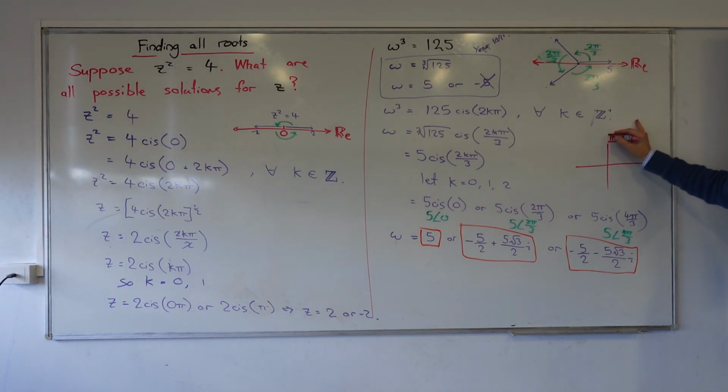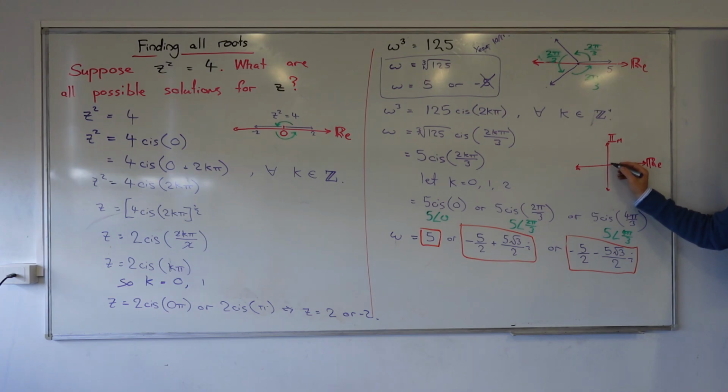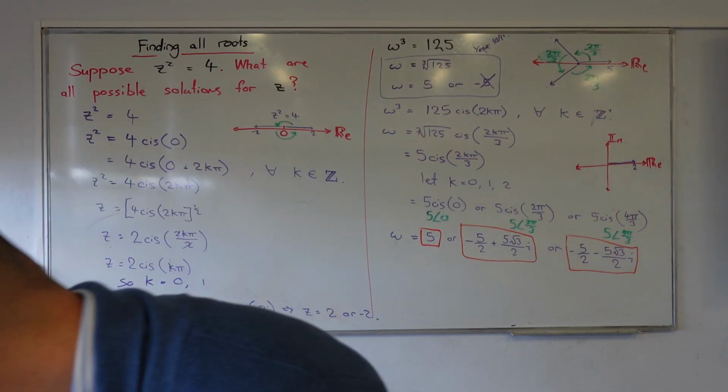This would be your imaginary axis. This would be your real axis. Do you agree? And they'll have arrows on them. If it's z to the power of 4 equals 16, the first root is just going to be 2, correct? Yes. And how many roots are you expecting? 4.